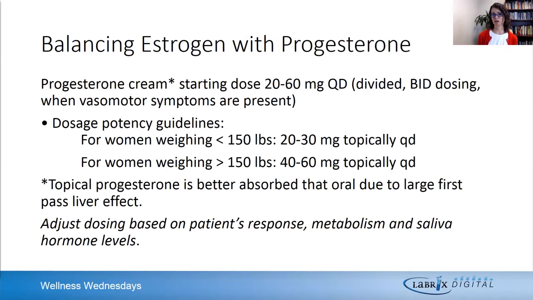We start with weight. For women who weigh less than 150 pounds, we usually recommend starting at 20 to 30 milligrams topical progesterone, and for women over 150 pounds, 40 to 60 milligrams topically. Keep in mind that progesterone is much better absorbed topically than orally, because it bypasses the first-pass liver effect.